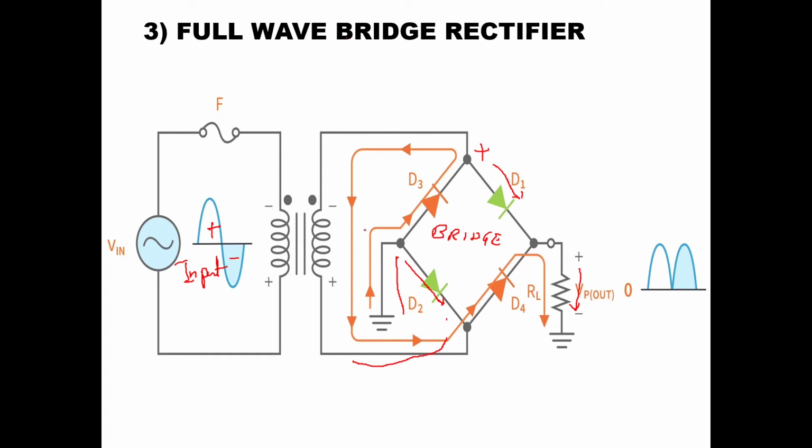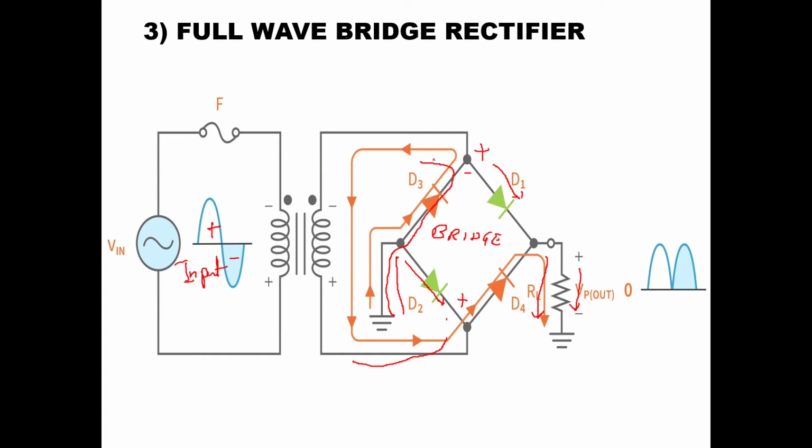Similarly, when the input is negative half cycle, this will be negative, this will be positive. At that time D4 will be conducted, it will go down here to the negative ground, and then from here D3 will be conducted and it will go to the top point. That means whenever the input is positive half cycle, D1 and D2 are going to conduct, and whenever input is negative half cycle, D3 and D4 are going to conduct.